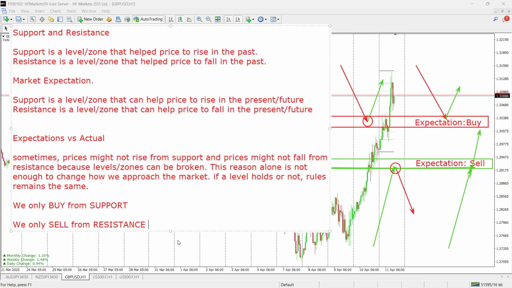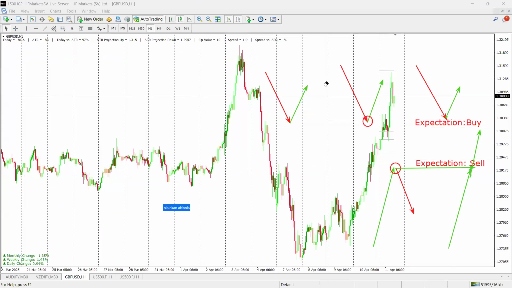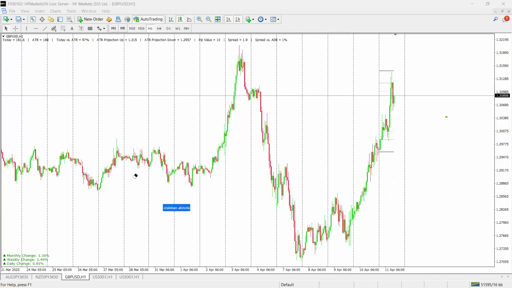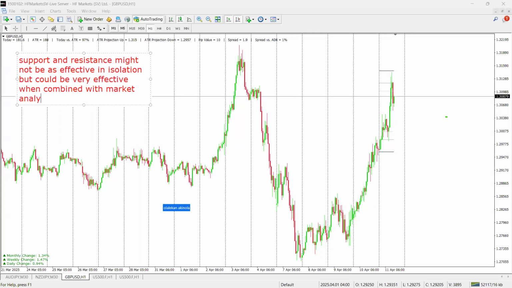Two things that you also want to understand here is this. The next set of information: support and resistance might not be as effective on their own, or in isolation, but could be very effective when combined with market analysis slash decision.